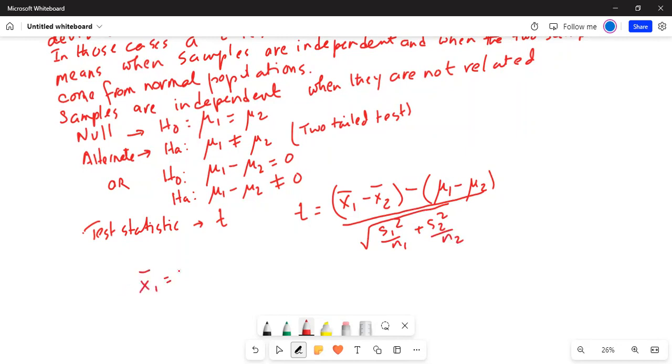x1 bar is the mean of sample 1, x2 bar is the mean of sample 2.